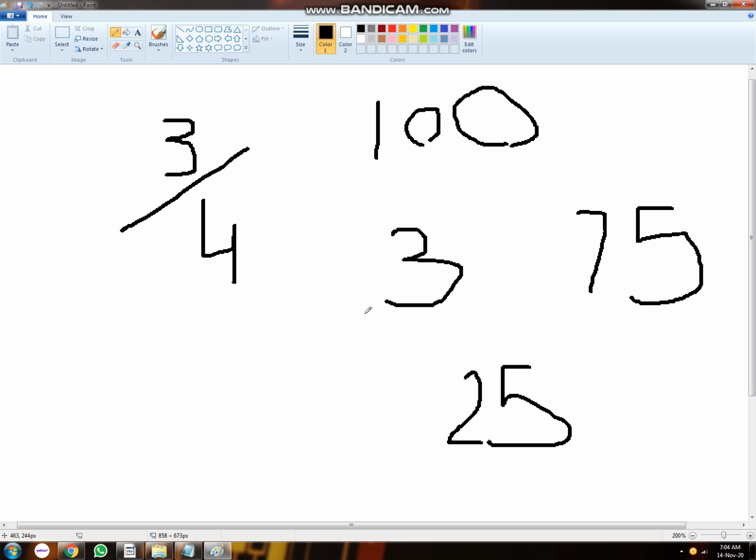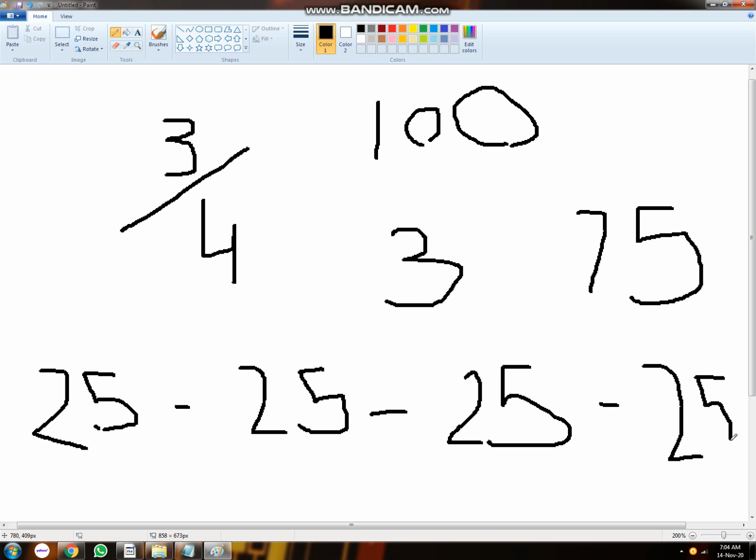By investing in three different companies, like 25, 25, and 25, by investing in this pattern, in this method, you are diversifying your portfolio. You are investing one in this, second in this, and third in this, and keeping the rest.